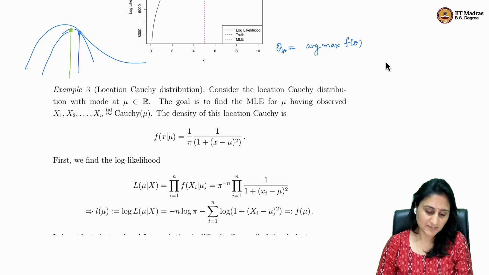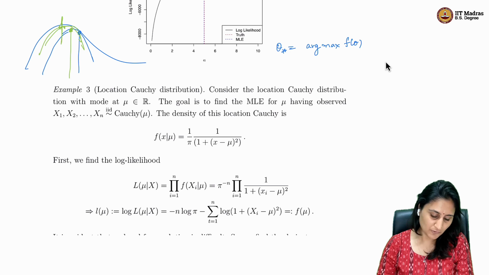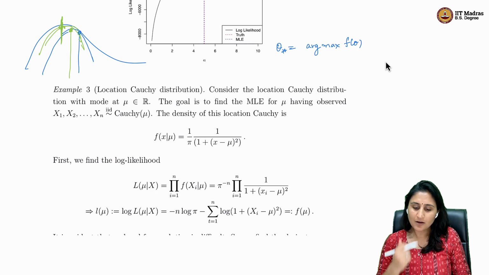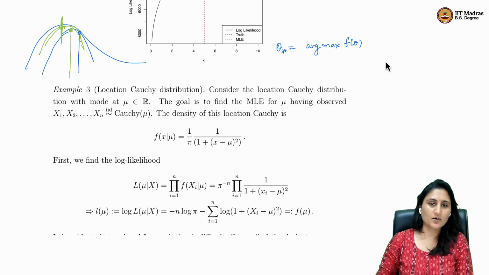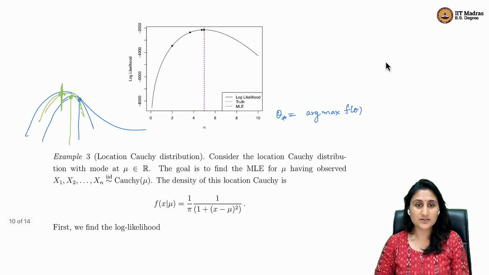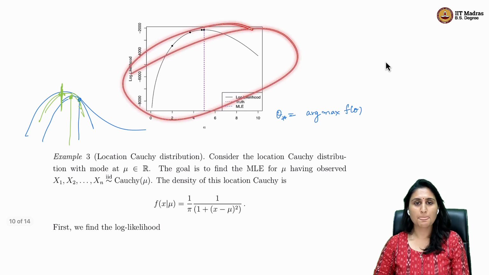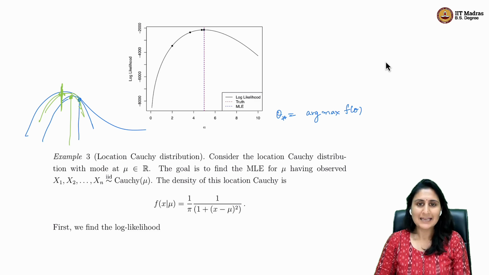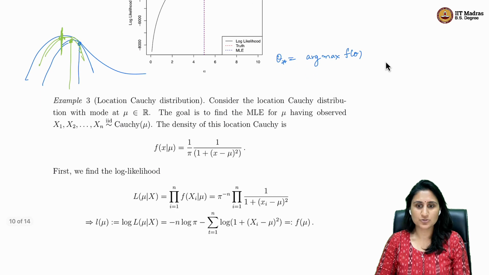And then it just keeps doing that at every successive step in the hopes of converging to the optimum. Now, we also discussed that although this worked really well for the gamma maximum likelihood example, let's take a look at a location Cauchy example.